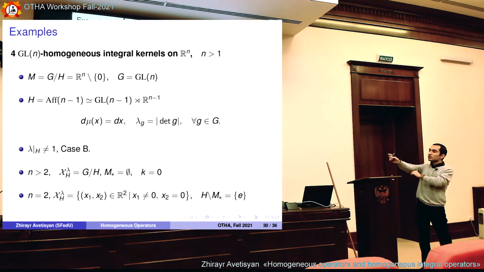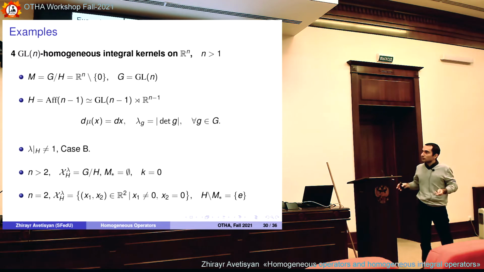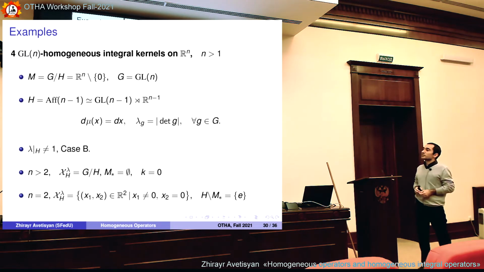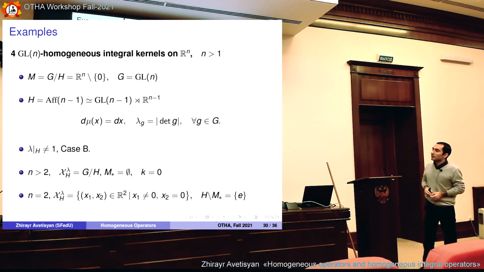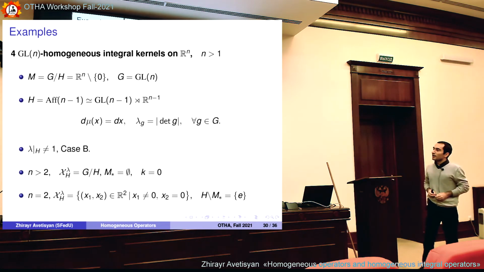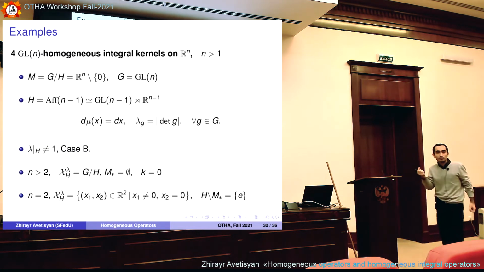So for n greater than 2, you compute this curly X set, the bad set. You see that it is the whole space. The whole space is bad, right? So only trivial kernels, k equals 0. There are no solutions. For n equals 2, interestingly, the curly X set is the horizontal axis without the origin, because the origin is removed. And when you compute that set H backslash M star, it turns out it's a single point.